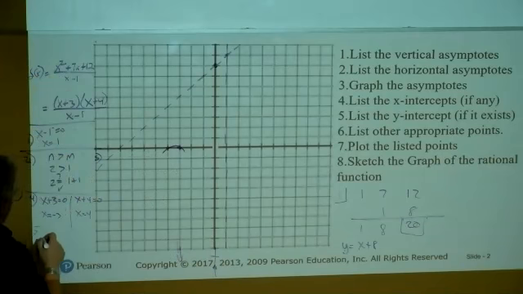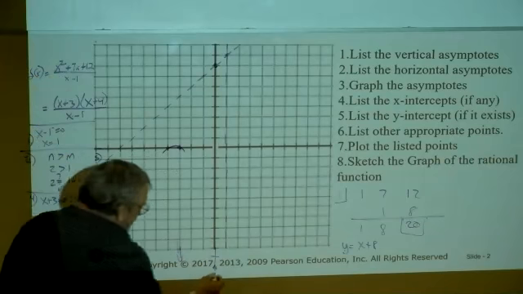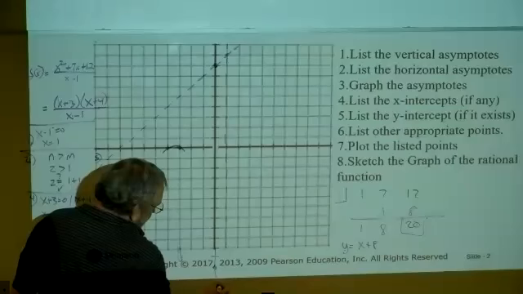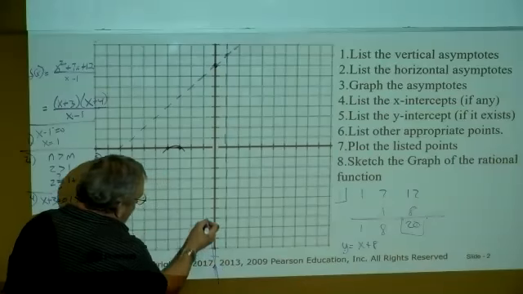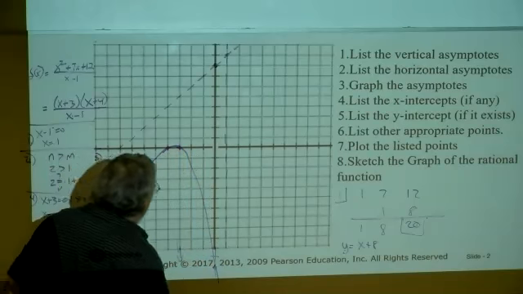That's number 5, 0, -12. So this is -3, 0, and that's -4, 0. And so it's going to come up from down here and come up like this and go from there and go down this way somehow.